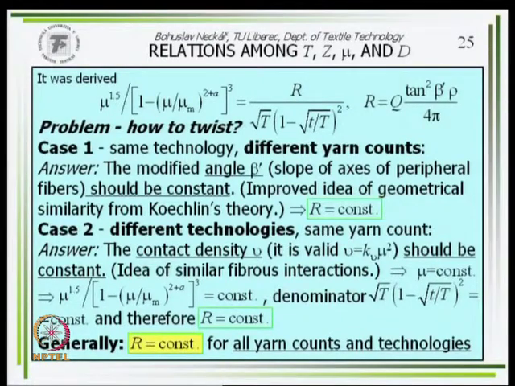Koechlin said that for different yarn counts it is good when the yarns have a geometrical proportion, when we accept geometrical similarity. Therefore, corresponding angles shall be the same. This idea, Koechlin's idea, 200 years old, is very, very good also these days.